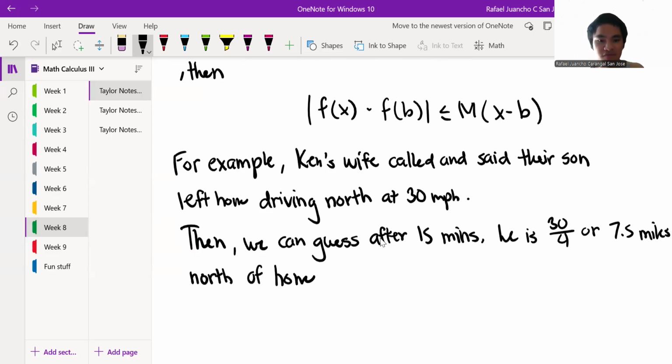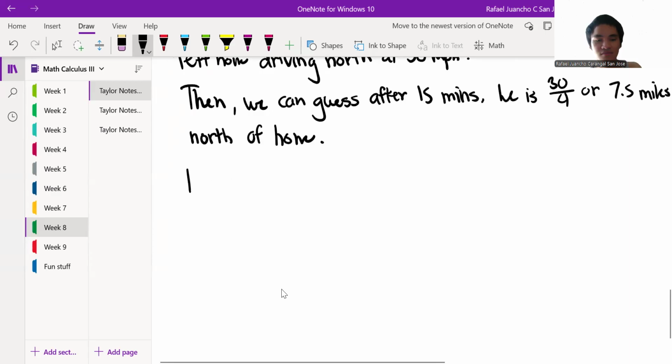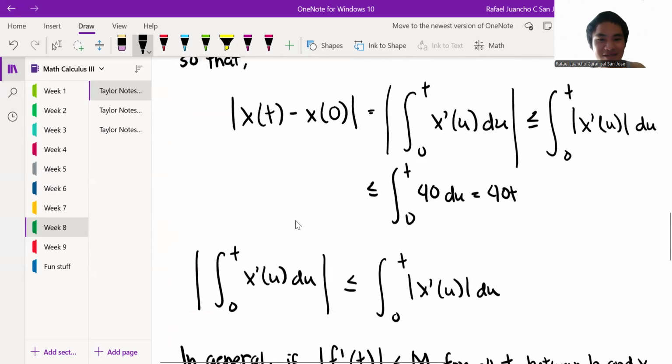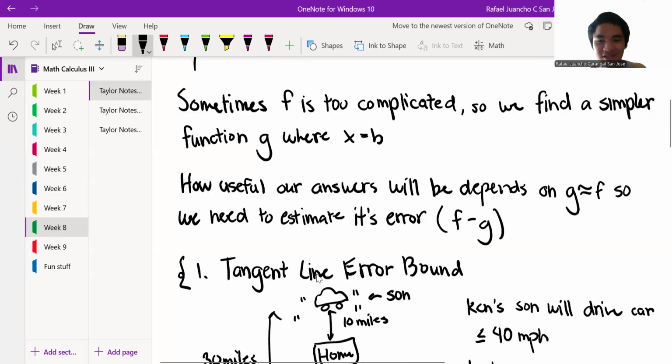Or the house, or whatever. And so from there, we use a tangent line approximation. I think now we're getting into the topic, finally. Yeah, tangent line error bound.